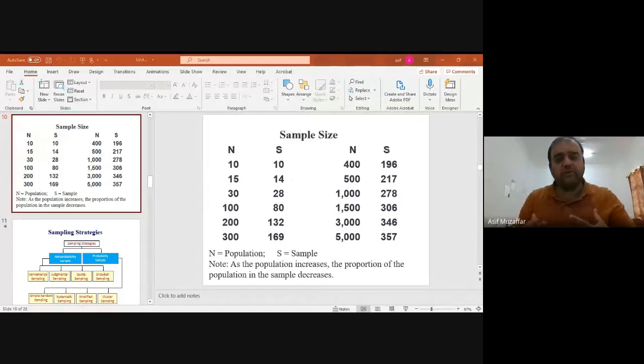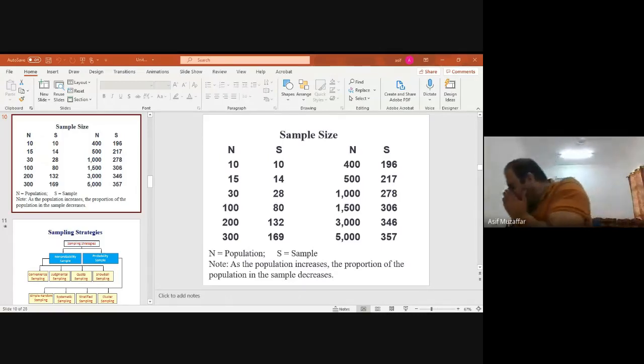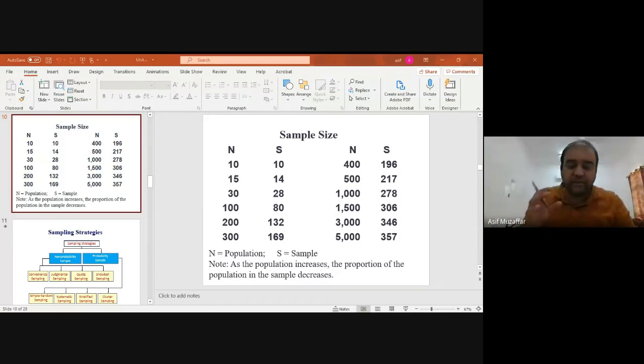I'm not giving you the rule of 30. This is given by a statistician named Cochran. For any statistical test, quantitative test in any software, we need to have at least 30 samples. This is the rule given by him. So if you have less than 30 numbers, you cannot do statistical testing.